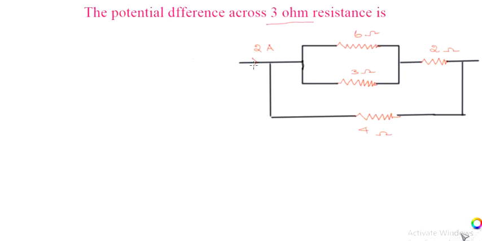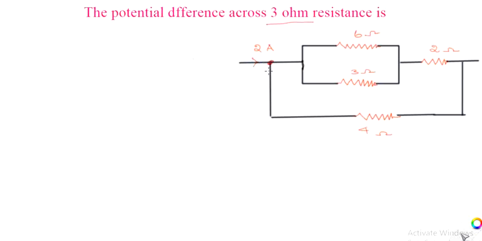Current is given, but this current is dividing into 2 branches. That means we don't know how much current is flowing through this, and through this we don't know. But 2 ampere current enters at this point.